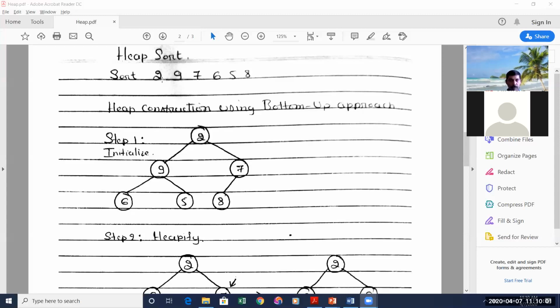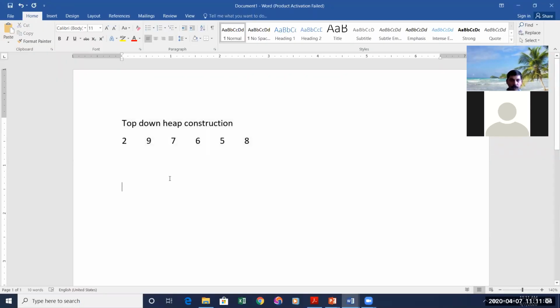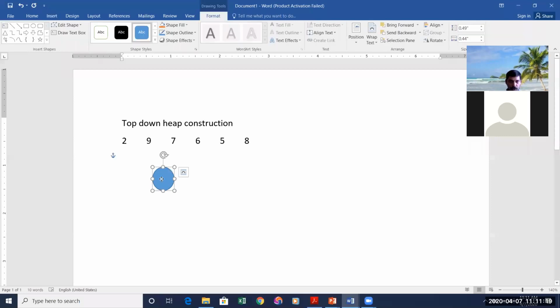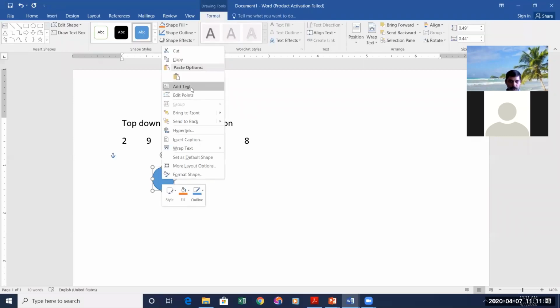What happens in the top down approach is, you have to take the elements one by one. In the first step, 2 is taken. First you have to take the first element, that is 2, and make this 2 the root node.